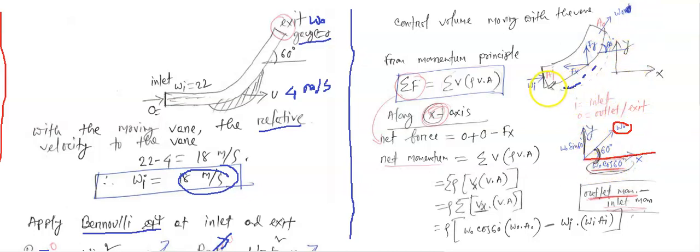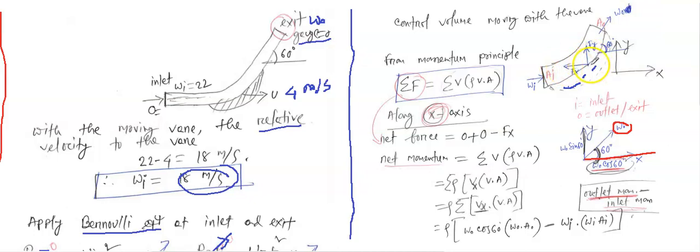Similarly, according to Newton's third law of motion, every action has an equal and opposite reaction. So the fluid, the water that is putting some force on the vane, will create some opposite force.